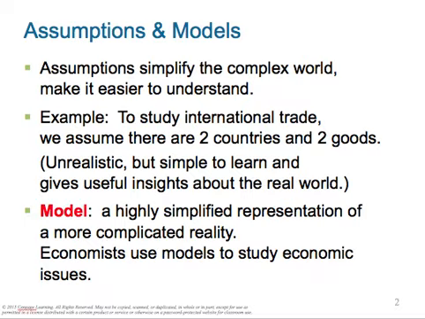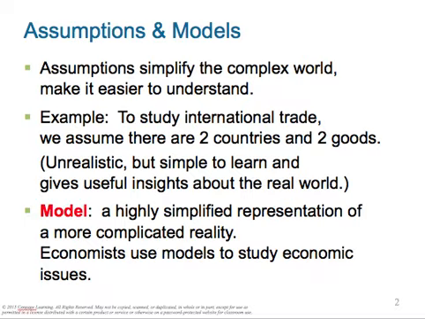To study international trade, we can use dumbed down examples, at least on the most basic levels, and assume that there are something like two countries and only two goods. Obviously, this is very unrealistic, and what you would encounter as an economist out in the real world would be much more sophisticated. But as a beginning economics student, we start with simple things like two countries and two goods. It's simple to learn. It gives useful insights about the real world.